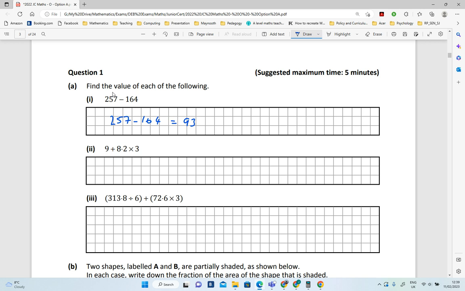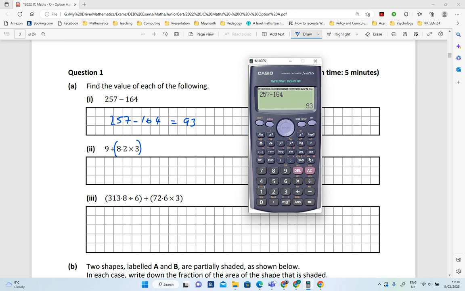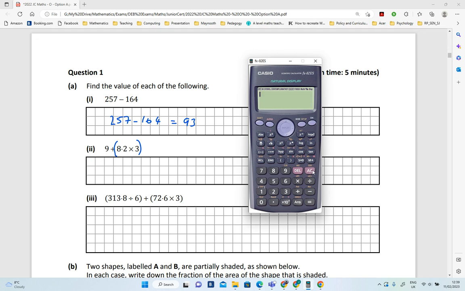Now this one, again, you can use a calculator. Obviously, because of BIMDAS rules, the multiplication needs to happen first, and then you add the 9. So I'll just do it in the calculator. You don't need to put the brackets in as such, assuming you've got a Casio or a Sharp calculator.